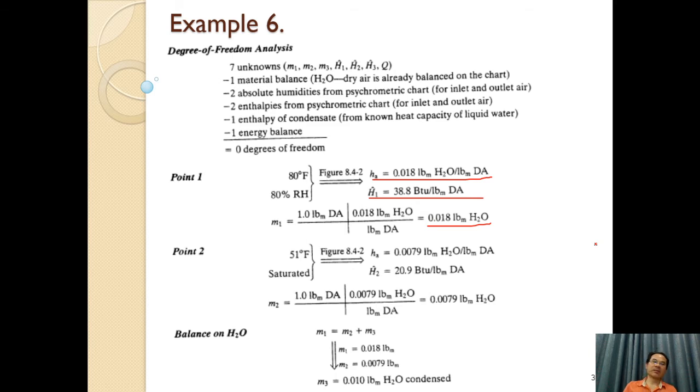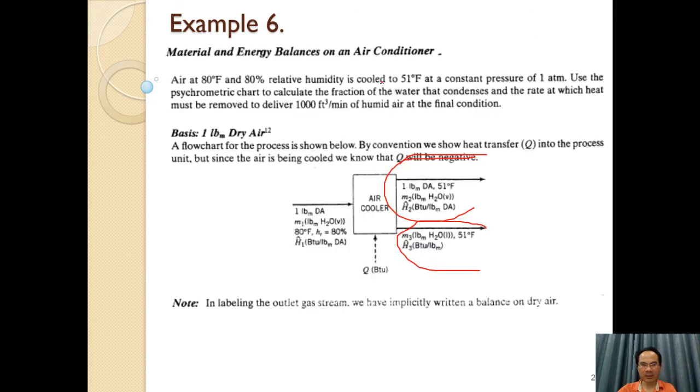And then you can make a balance on water. Water balance: water input equal to water output. We have water output in humid air and in liquid water.